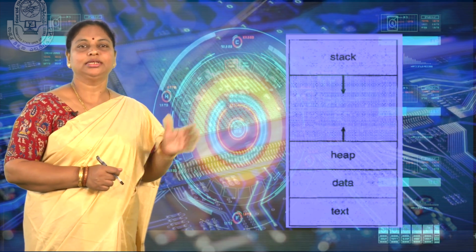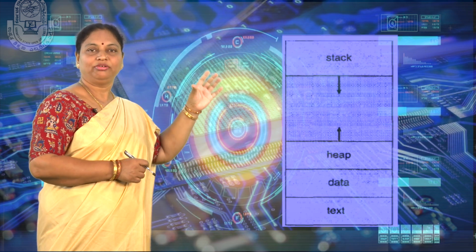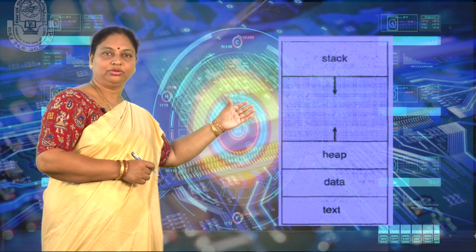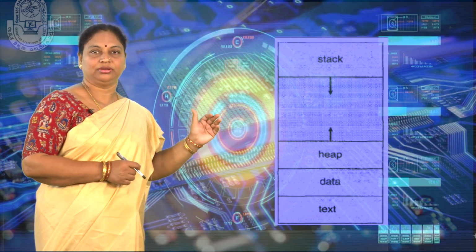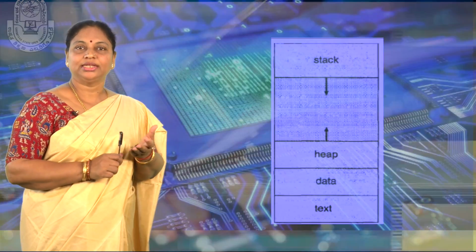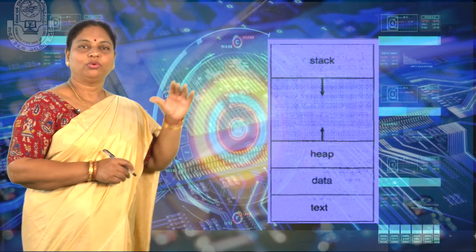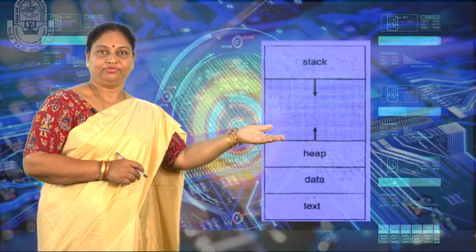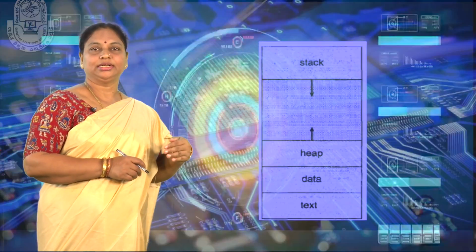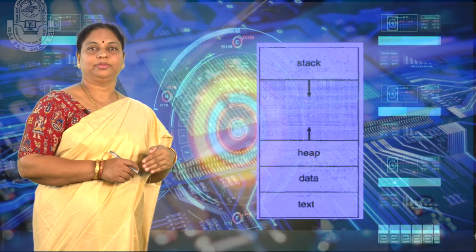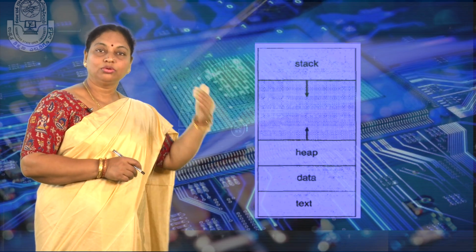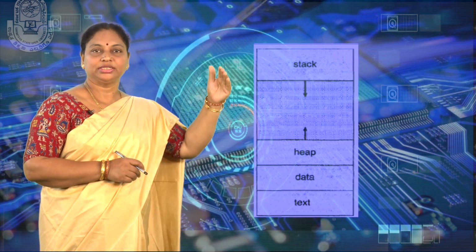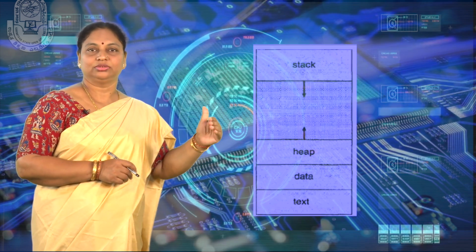As I said earlier, the heap is a group of memory which we allocate to the program during execution. Then the stack contains information about the functions the program referred to, the return address from the function to the program, and the local variables used during execution of that function.